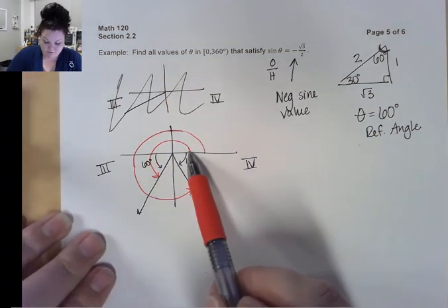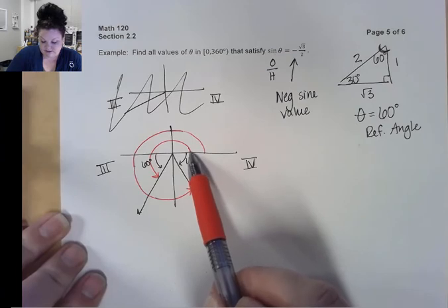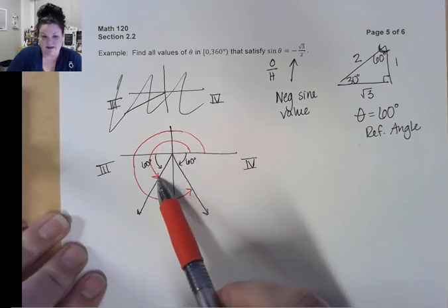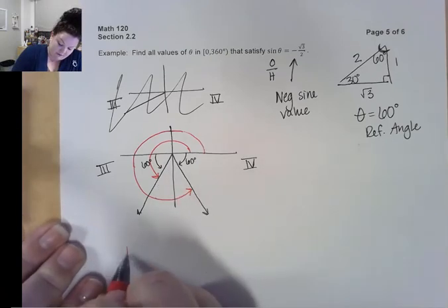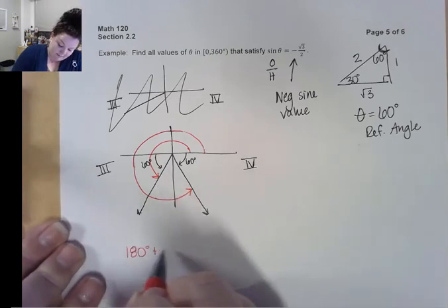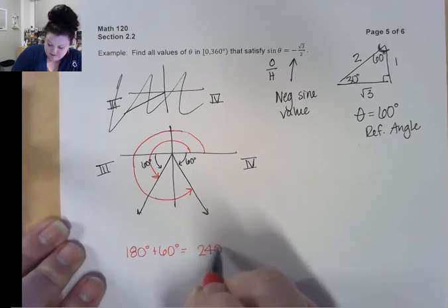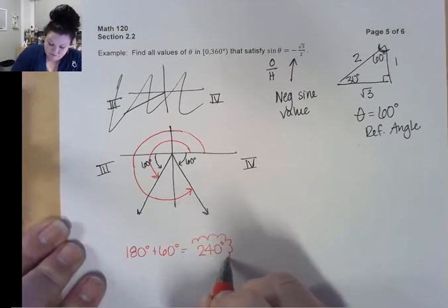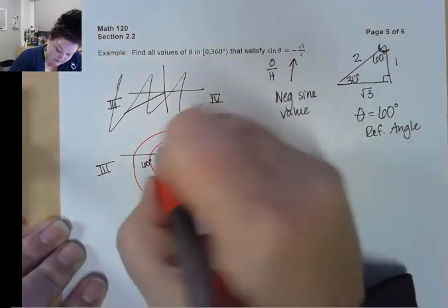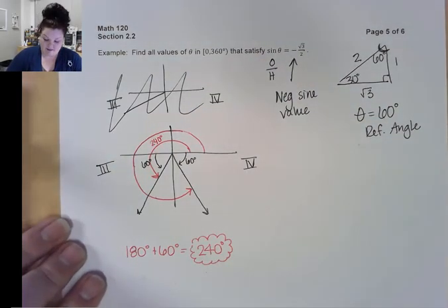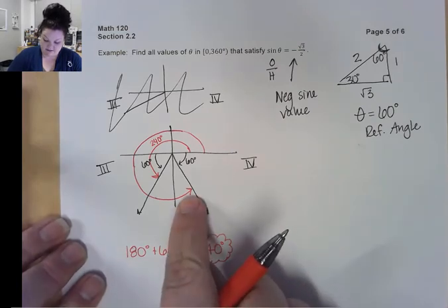So this first one starts in standard position and comes all the way, and it goes 60 degrees past 180. So I'm going to do 180 degrees plus 60 degrees, and that gives me 240 degrees. So that's one answer that I get. That's this one, 240 degrees, right? And then I also want to know this one.